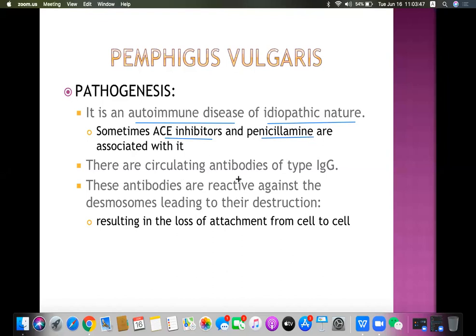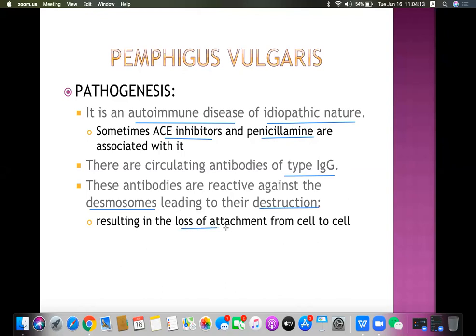Now there are circulating antibodies of type IgG here. These autoantibodies are mainly IgG in type, and the most important point is that these autoantibodies are targeting the desmosome, which leads to destruction of the desmosome. Now, what happens if desmosomes are damaged or destroyed?